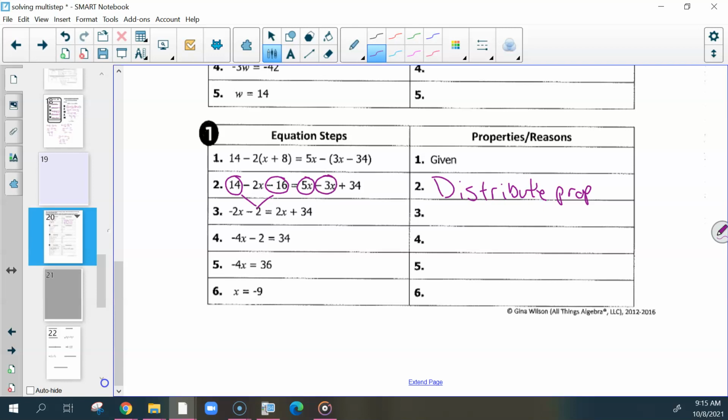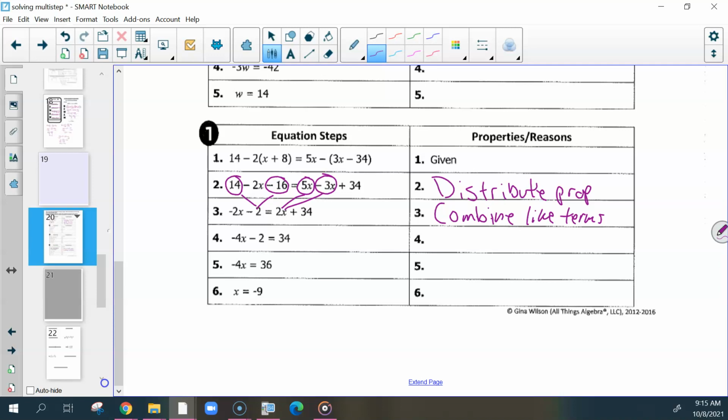And 5x minus 3x to get 2. So combine like terms. When you do it on the same side, you're using whatever operation it says. But when you're moving things, you have to use the opposite sign.